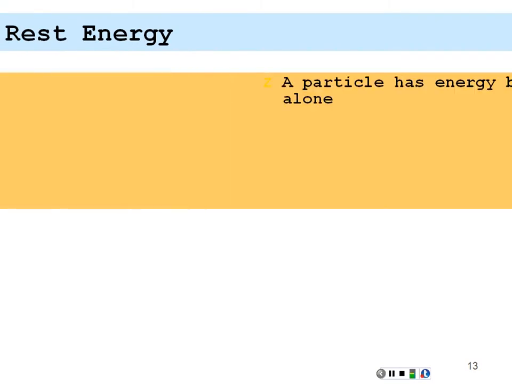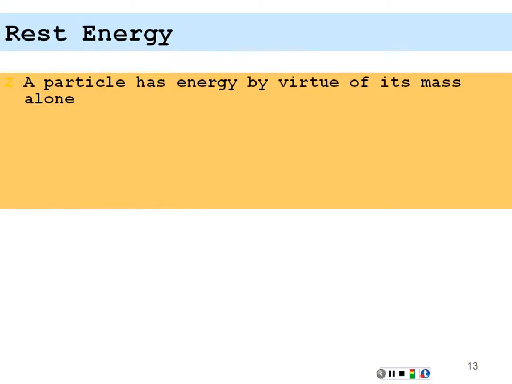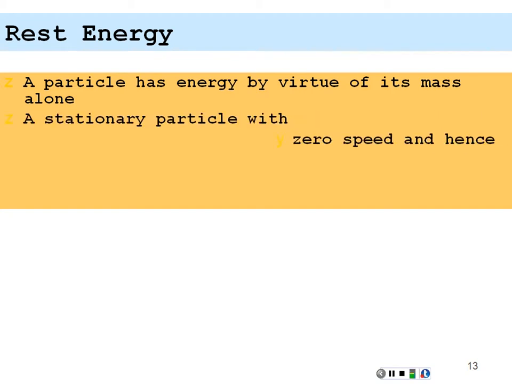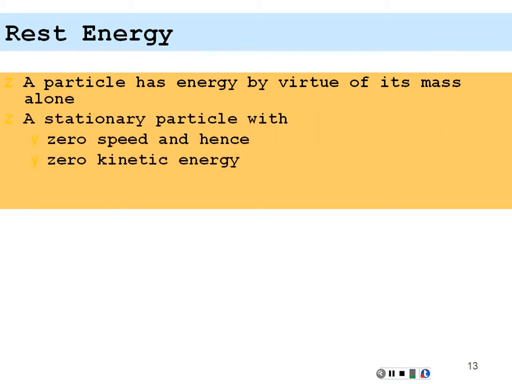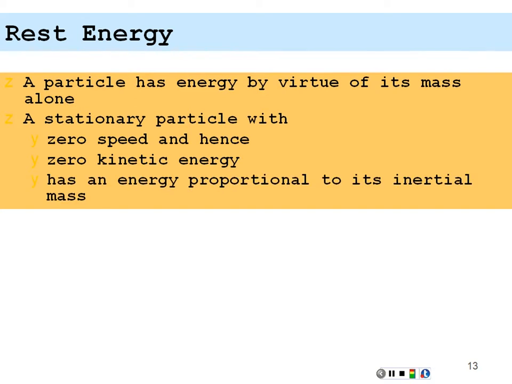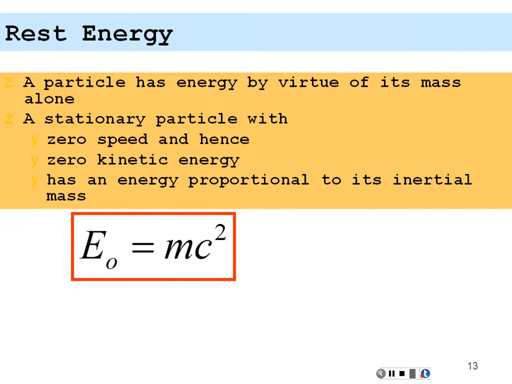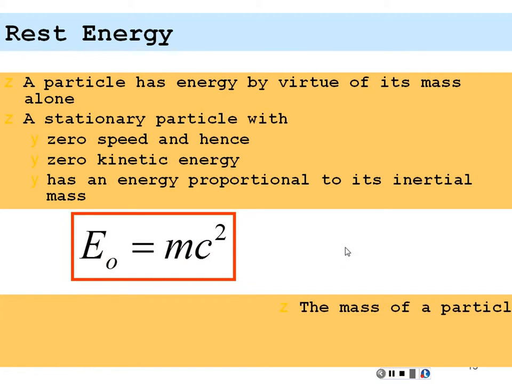Rest energy. A particle has energy by virtue of its mass alone. A stationary particle with zero speed and hence zero kinetic energy still has energy. It has an energy proportional to its inertial mass. Its rest energy, we call it E sub naught, is equal to its rest mass times c squared, speed of light squared.